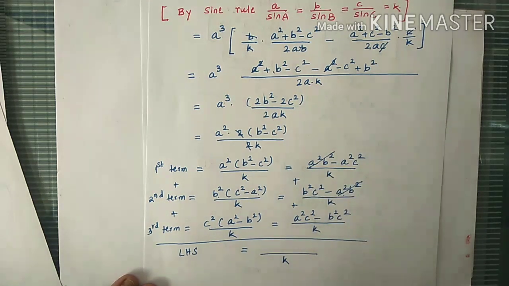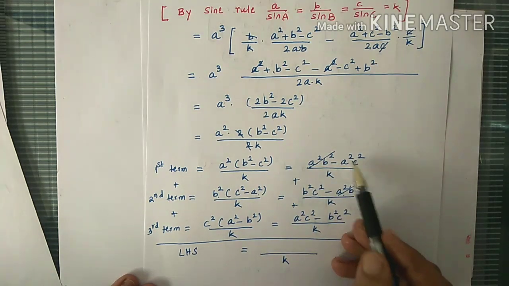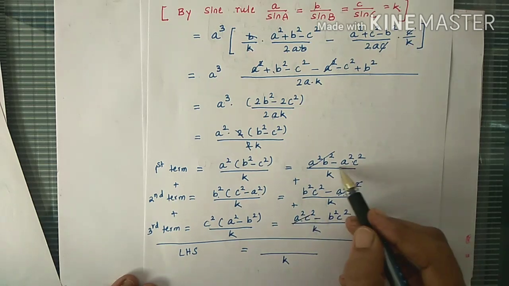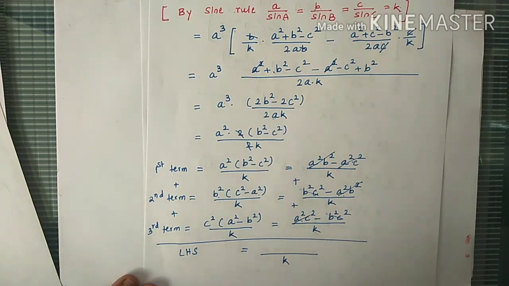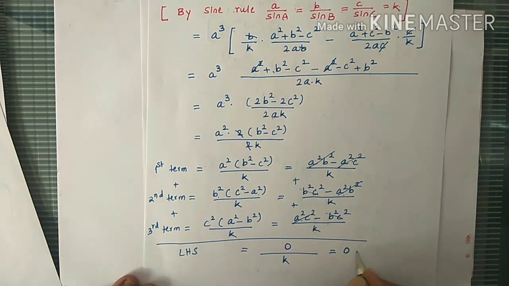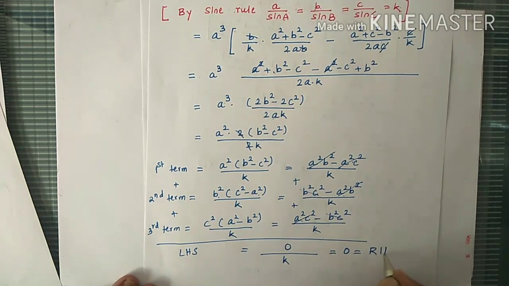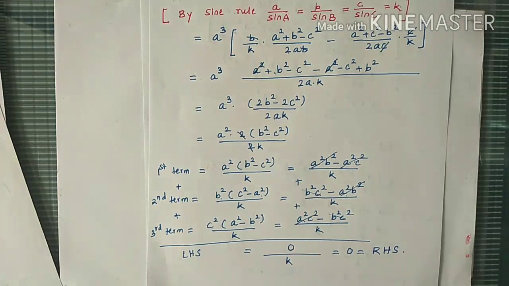Adding those, it gets cancelled. Minus A square C square plus A square C square get cancelled. And here we have B square C square and minus B square C square get cancelled. So all the terms get cancelled. So this one is 0 upon K, so that is 0, and that is our right hand side. So this is the proof.